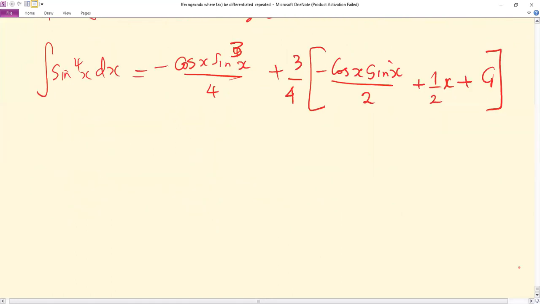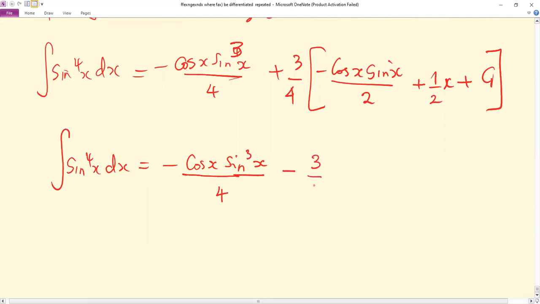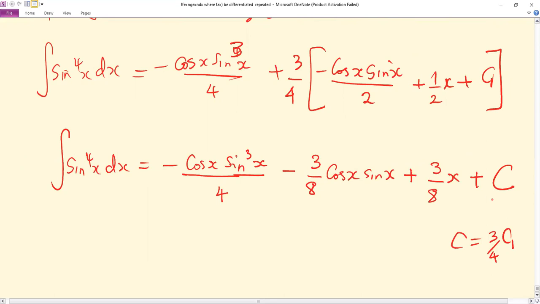Let's simplify this. The integral of sine power 4 x dx will be negative cos x sine cubed x over 4 minus 3 over 8 cos x sine x plus 3 over 8 x, and then plus c, where c is 3 over 4 C1. So that should be the answer to the second part of the problem. Thank you.